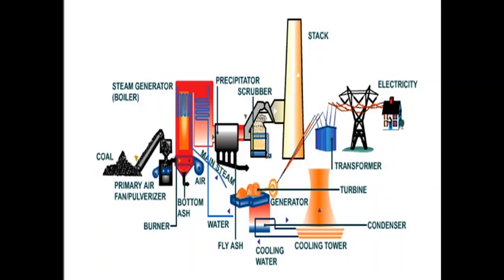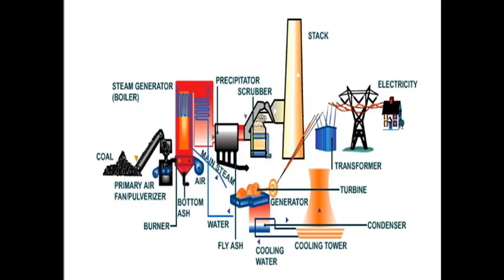That heat is transferred, and gradually the products of combustion, both gaseous and solid, are generated. The gaseous part is flue gas and the solid part is ash, and this ash has two components.